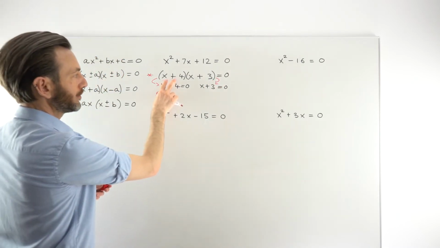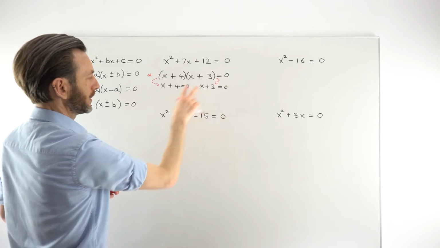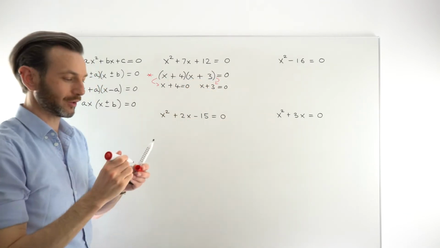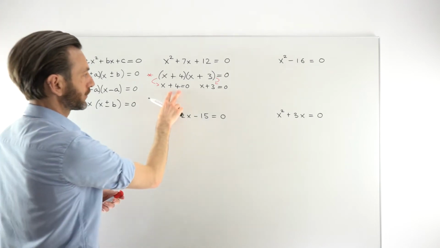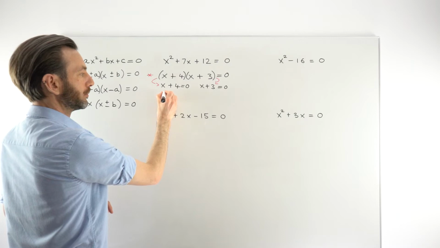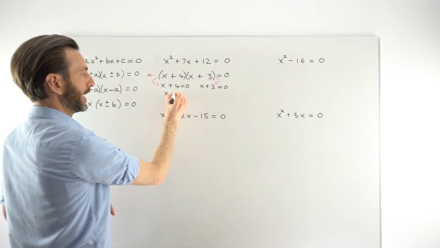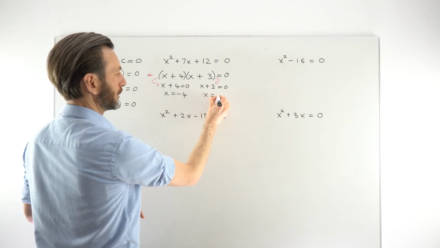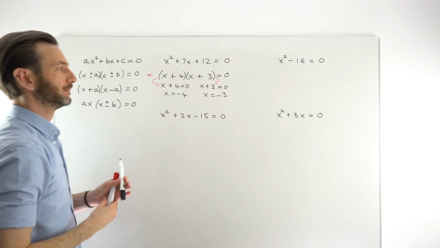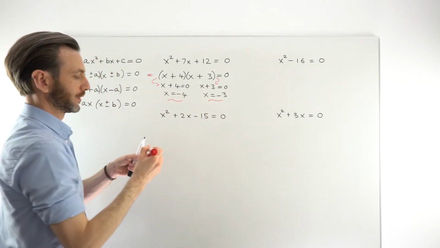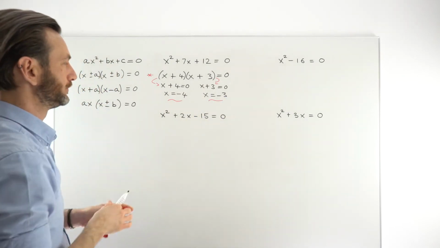So you're separating x plus 4 equals 0 into one equation, x plus 3 equals 0 into your second equation. If you look at these, these are fairly trivial linear equations. You just solve them by moving the number to the other side. So you would get x equals minus 4 for the first one, and x equals minus 3 for the second one. So we've got our two unique solutions there for that quadratic equation.